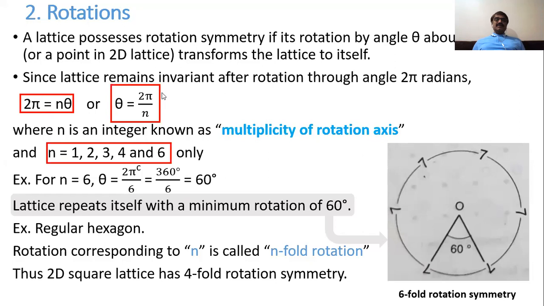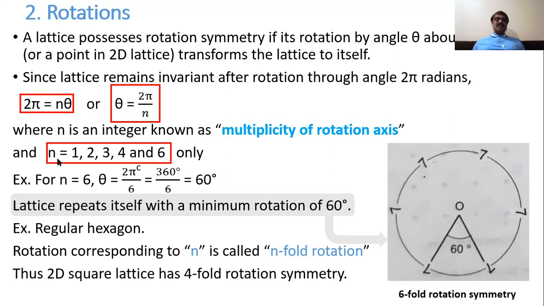Since the crystal remains invariant after 2 pi radians or 360 degree or 0 degree, we can put 2 pi equal to n theta as a condition of invariance, and from that we obtain the value of theta as 2 pi upon n, where n is an integer known as the multiplicity of the rotation axis, where n can take the values 1, 2, 3, 4, and 6 only.